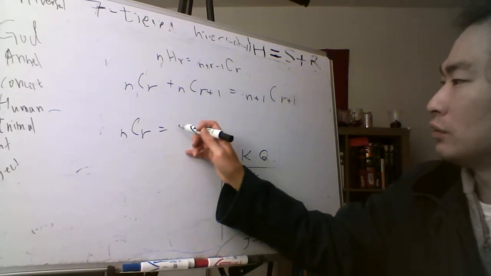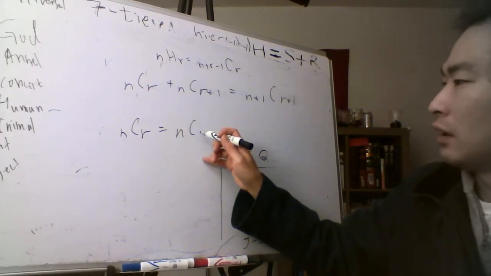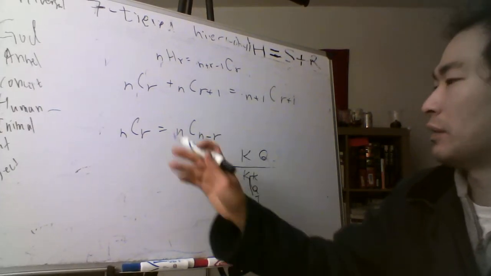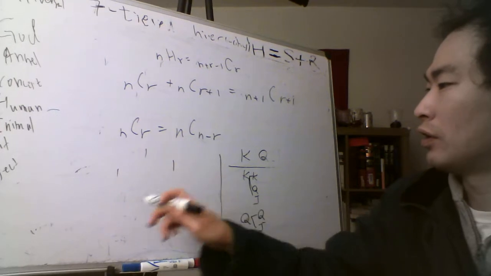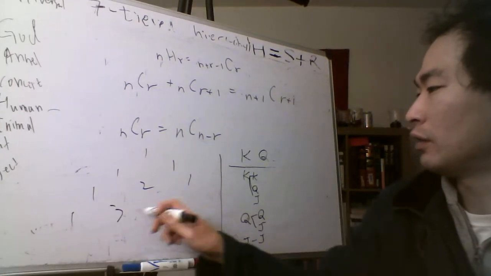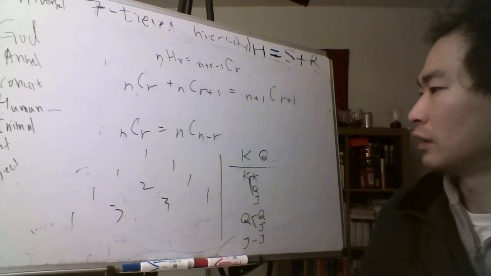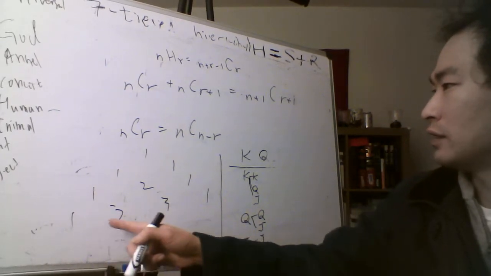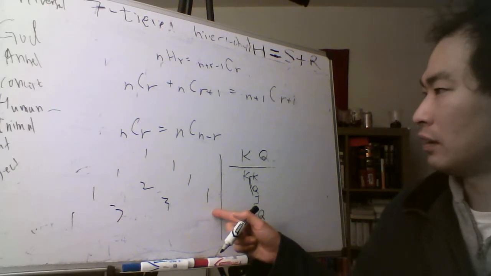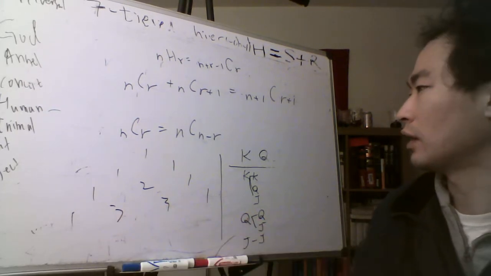NCR is equal to NC N minus R. It's symmetry. 1, 1, 1, 1, 2, 1, okay? 1, 3, 3, 1, right? So NC0 is equal to NCN, okay? That's like symmetry, okay?